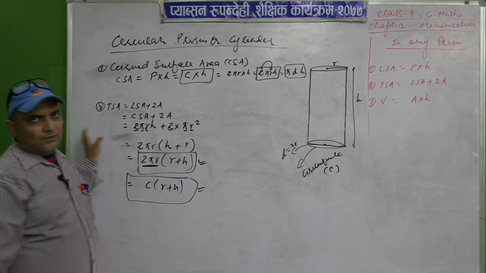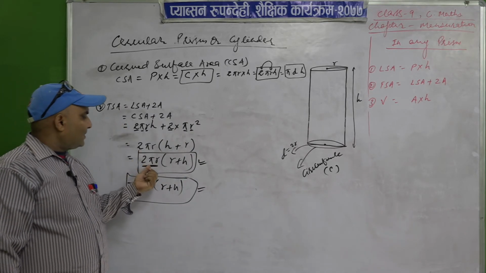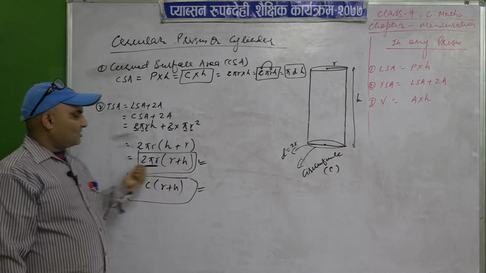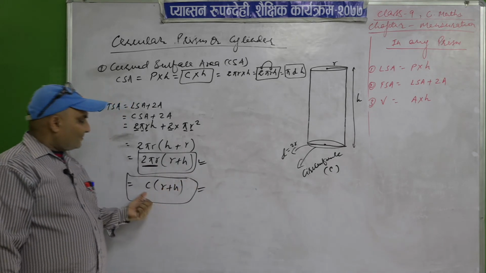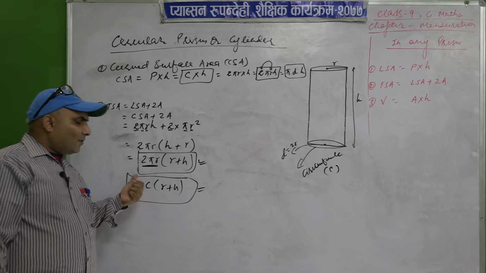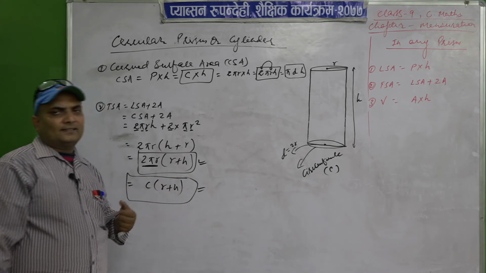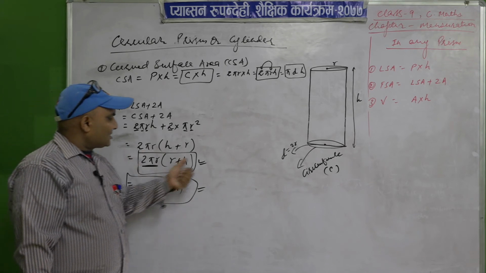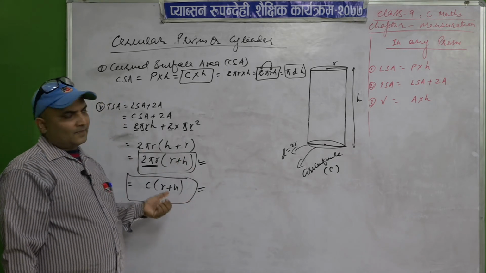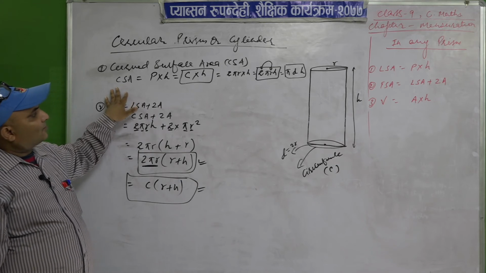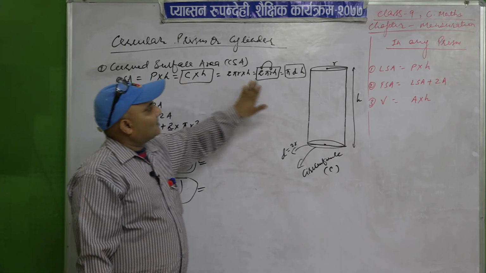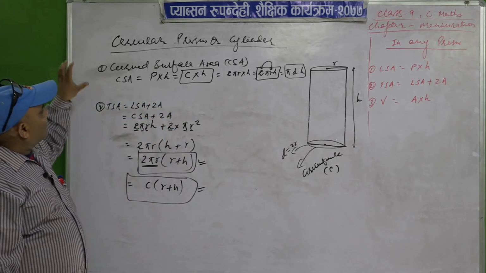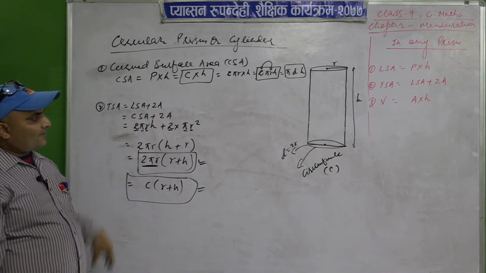Why? Because sometimes you may be given r and h, then you have to use this formula directly. When you are given the circumference and h, then you have to use this formula. So, you should remember both these formulas. In curved surface area also you have to remember this formula and this formula. Okay. So, this is about curved surface area and total surface area of a cylinder.